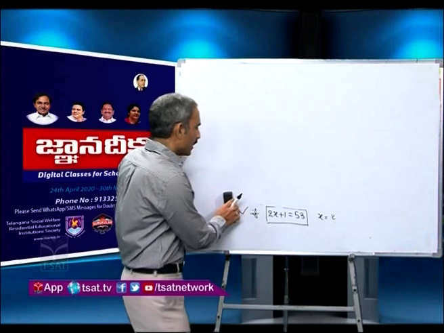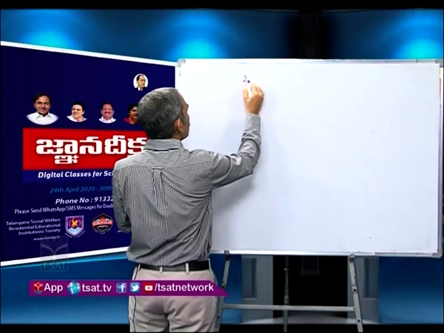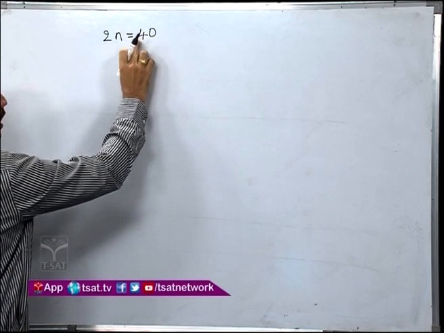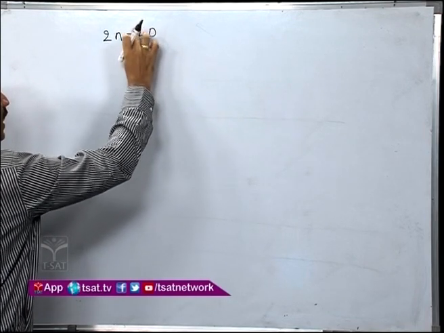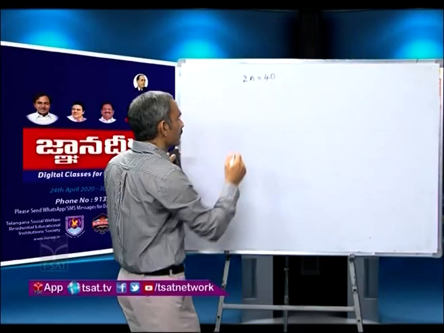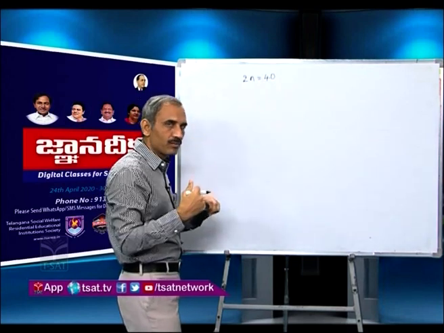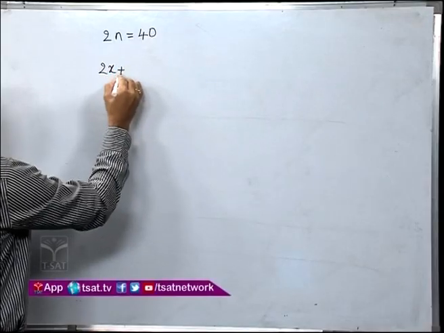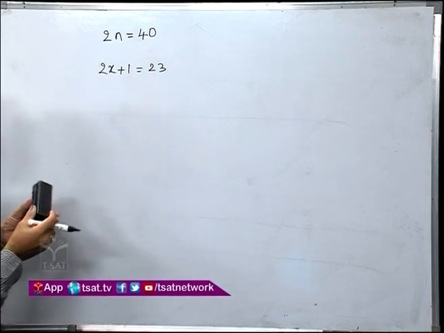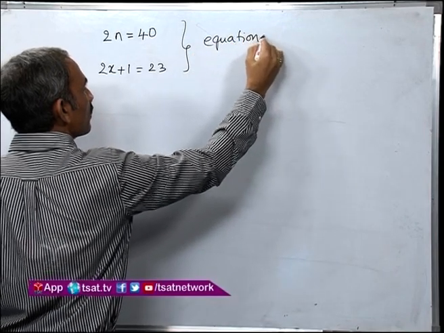Now let us see the two statements we discussed just now: 2n is equal to 40, that means I have 40 students and want to find the number of benches. Next, I have 23 matchsticks and want to find the number of triangles formed, that means 2x plus 1 is equal to 23. These two are known as equations.